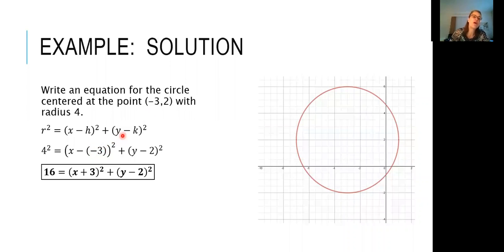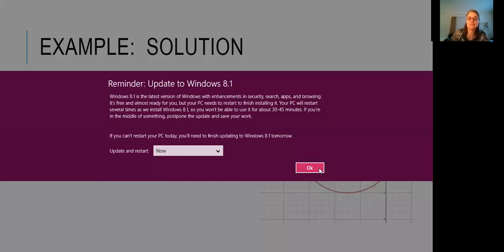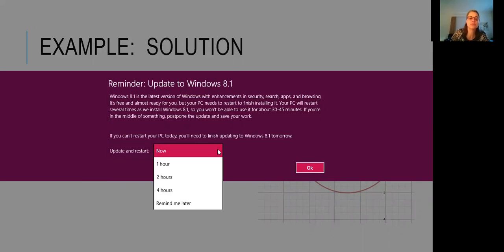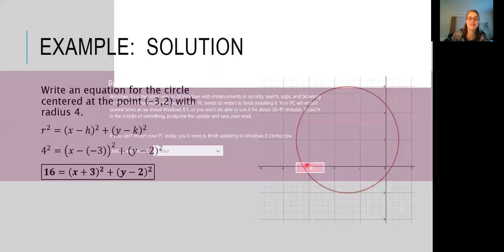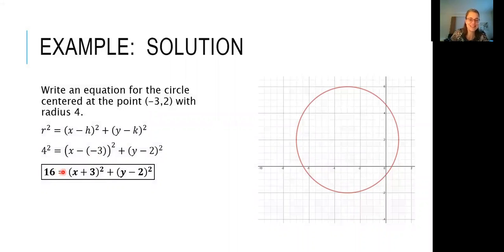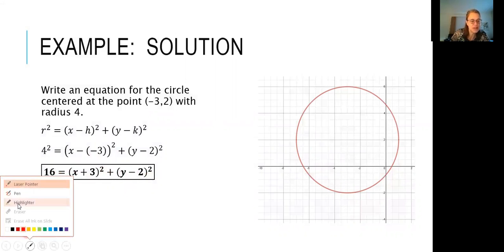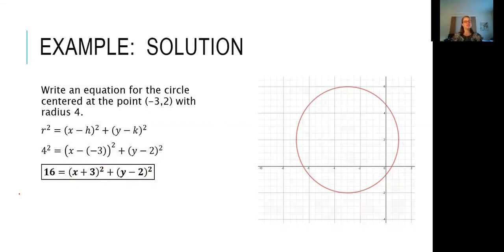We know that k is 2, so we put 2 where k is. We simplify a little and we get 16, because that's 4 squared, equals x plus 3 squared plus y minus 2 squared. Sometimes you might want to go ahead and finish simplifying this out.